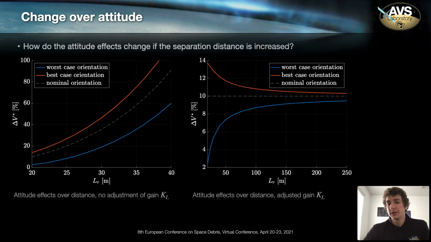But if we update the feedback gain as seen on the right figure right here, then both the critical estimation error of the worst case orientation and of the best case orientation converge to our nominal 10% estimation error. So that shows that over distance, the attitude effects actually decrease, but they're still pretty significant, up to 50 meters, for example.